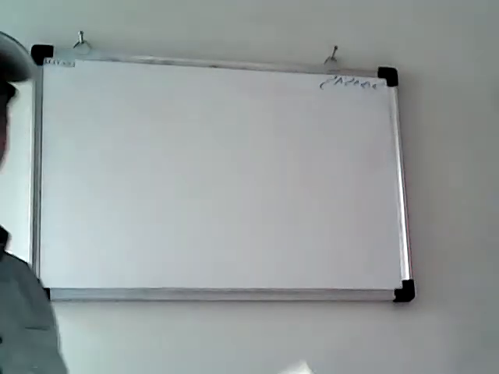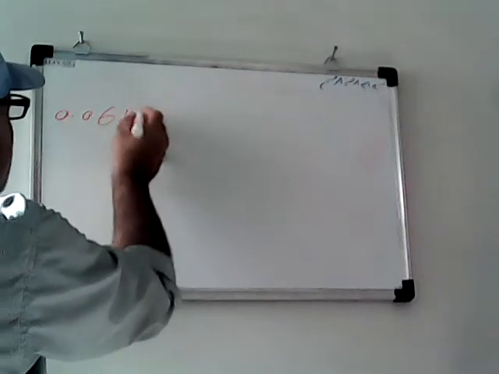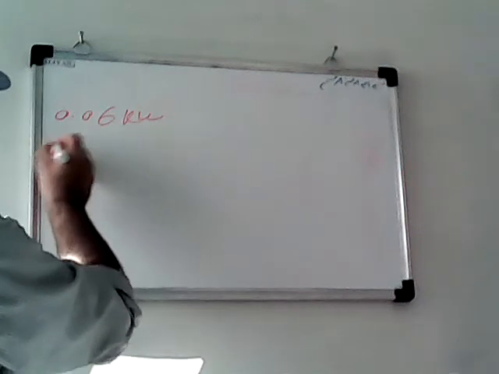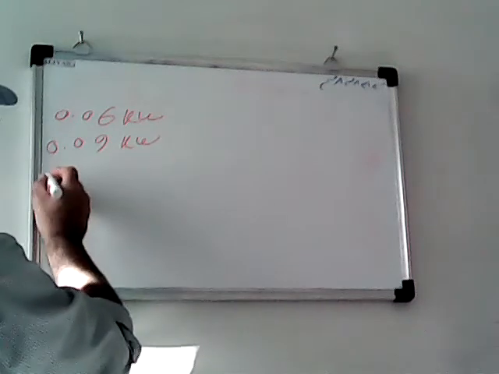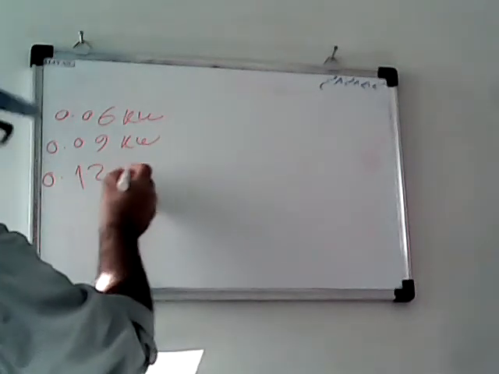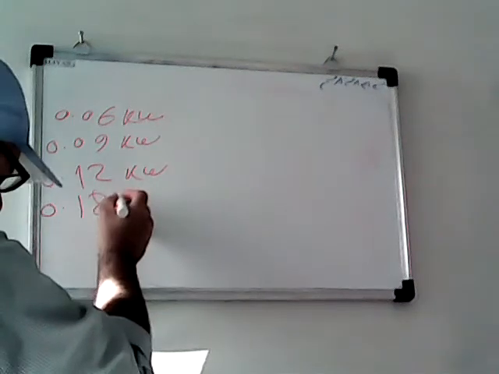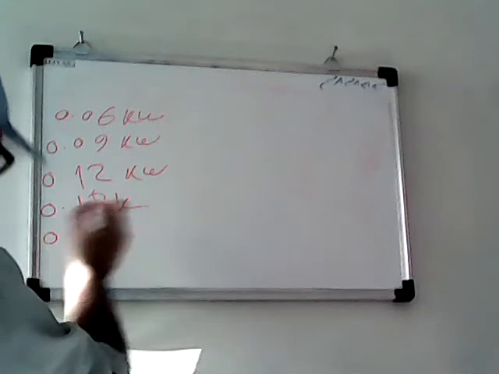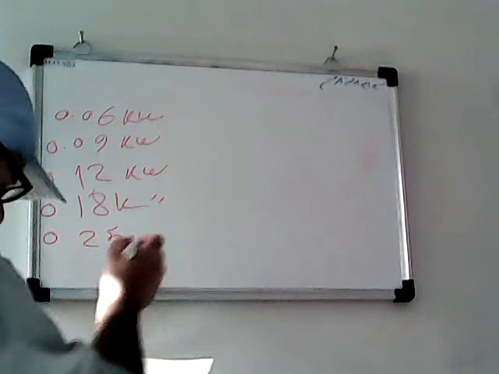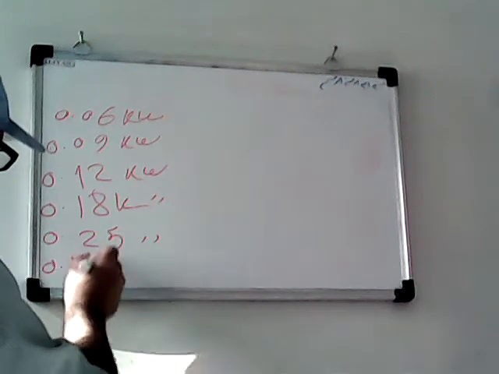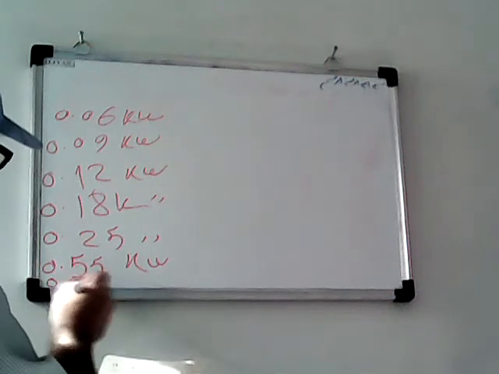The fractional kinds: 0.06 kilowatt, 0.09 kilowatt, 0.12 kilowatt, 0.18 kilowatt, 0.25 kilowatt, 0.55 kilowatt, and also 0.75 kilowatt.